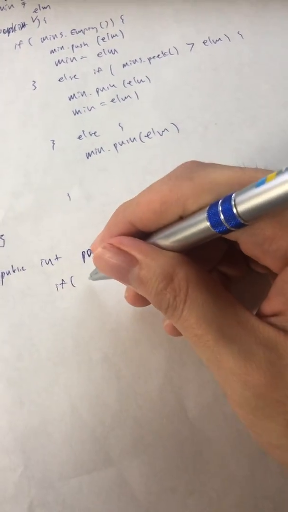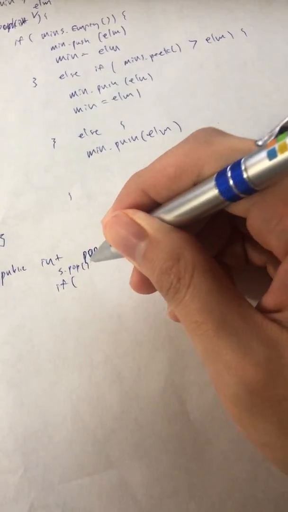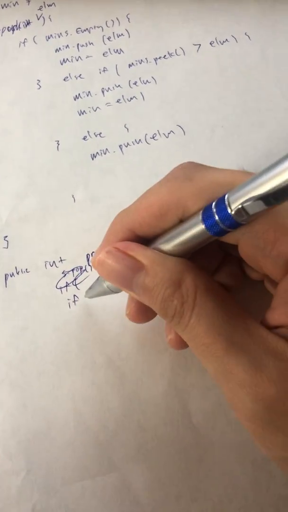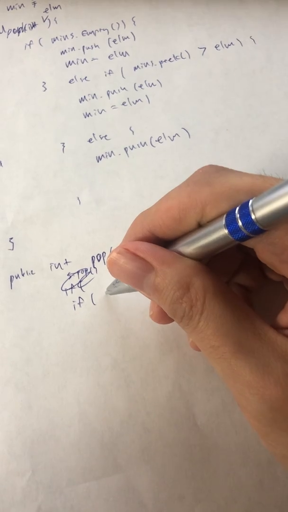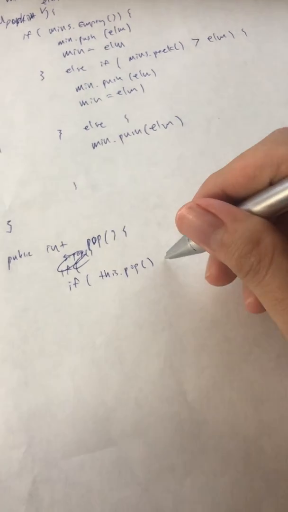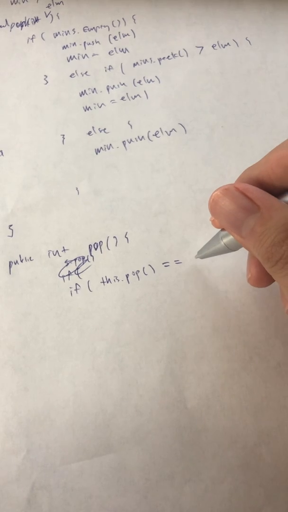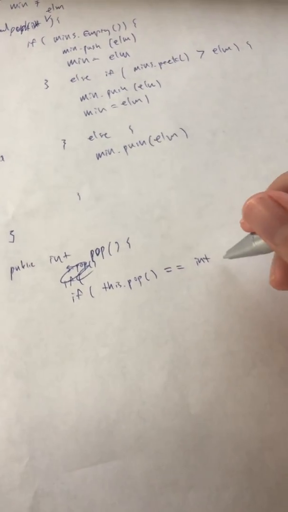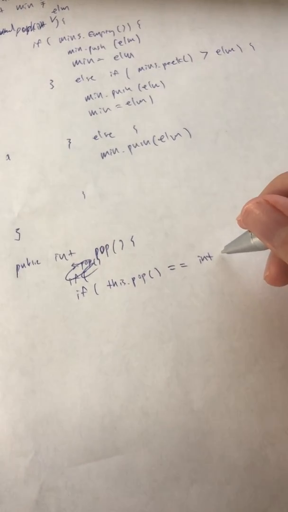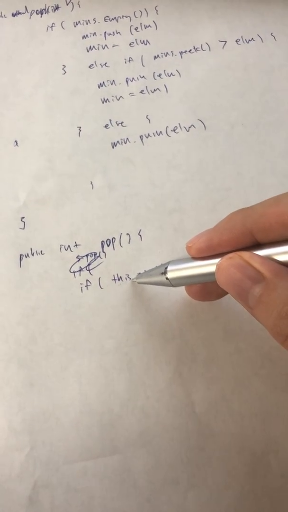If s.pop, so if this.pop is the same as int minimum. So this refers to the stack itself.